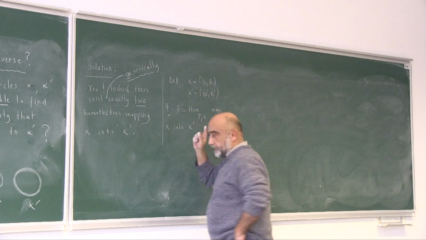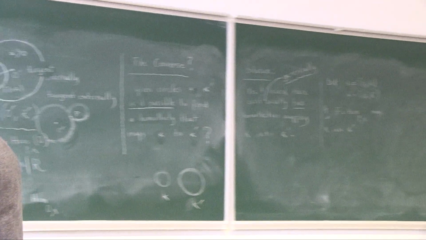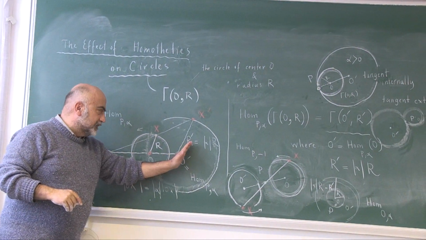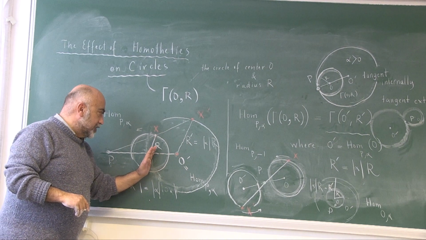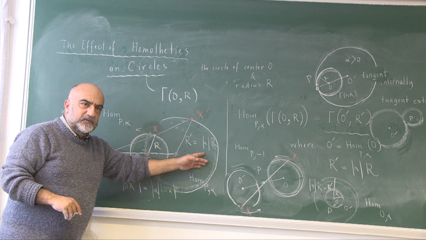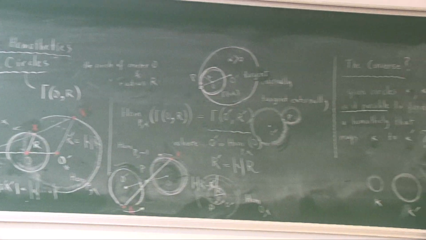So first of all, we must have the following. We know that the radius of the second circle will be the radius of the first circle times the absolute value of the ratio of similitude. So this is alpha.